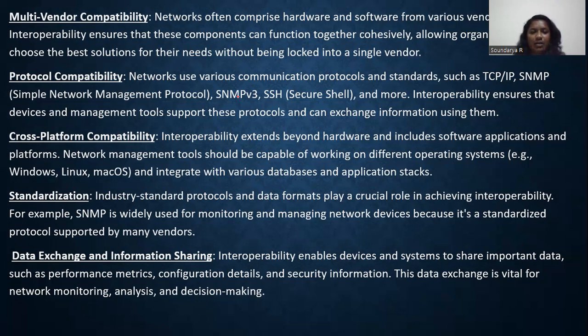Industry standard protocols and data formats play a crucial role in achieving interoperability. For example, Simple Network Management Protocol is widely used in monitoring and managing network services because of standardization. Data exchange and information will be shared here.